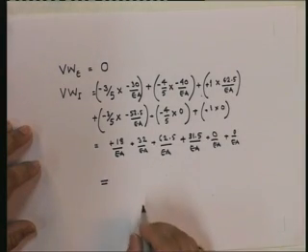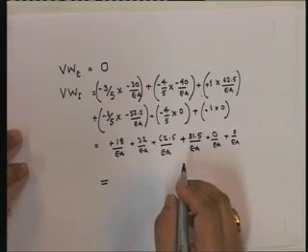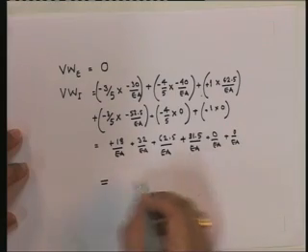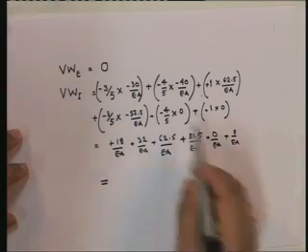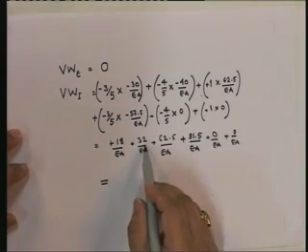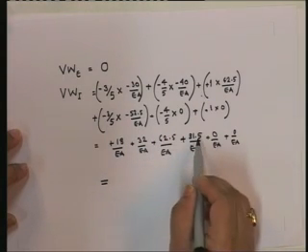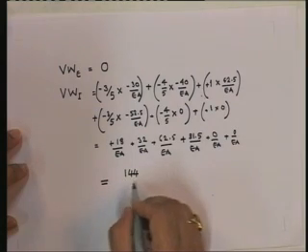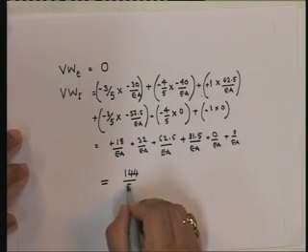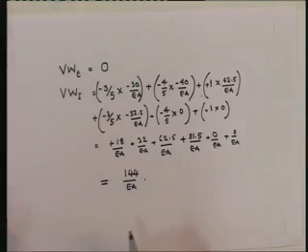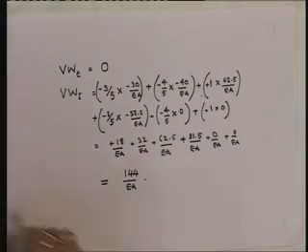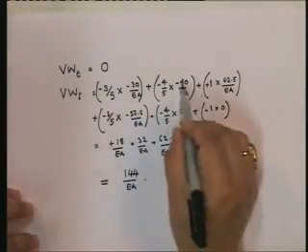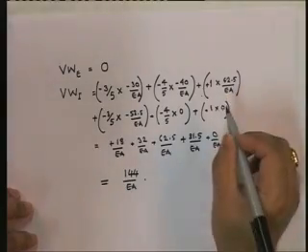So the total virtual internal work done is equal to, what is it? 18 plus 30, 50. 50 plus 94, 144 upon EA. That is the internal virtual work done by all the forces in all the members.